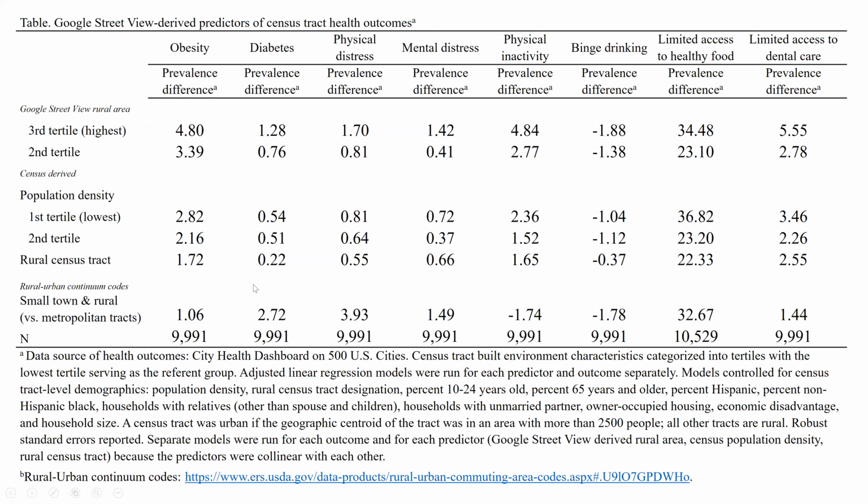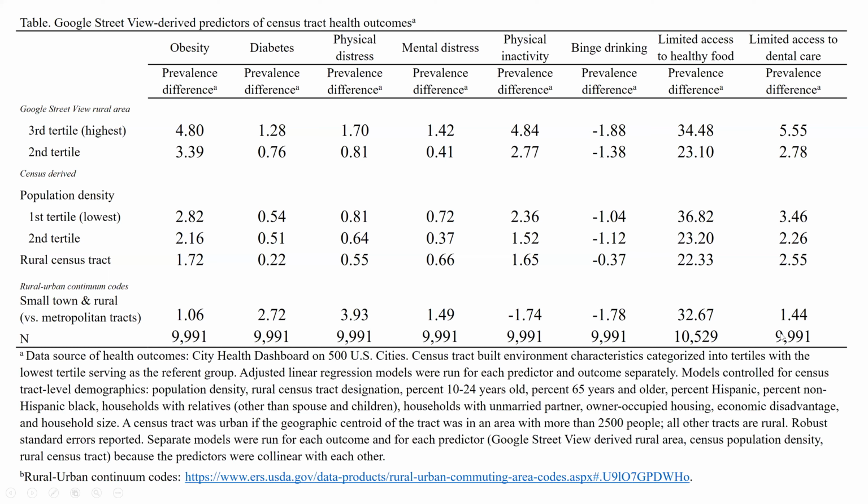There's also an indicator for it being a rural census tract, and that's simply defined as if the census tract has less than 2,500 people living in a centroid. And then we also looked at the rural urban continuum codes for the small town and rural area versus metropolitan tracts, and those also showed somewhat similar associations. There's a little bit of difference for physical inactivity.